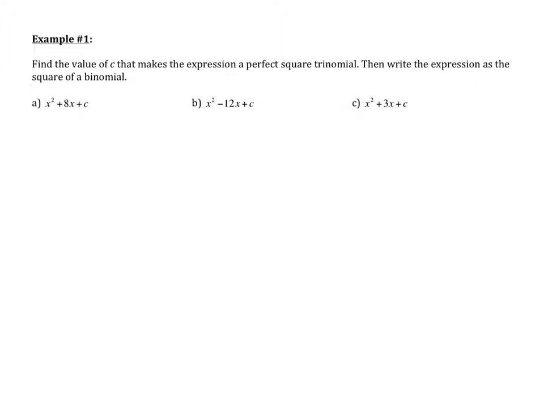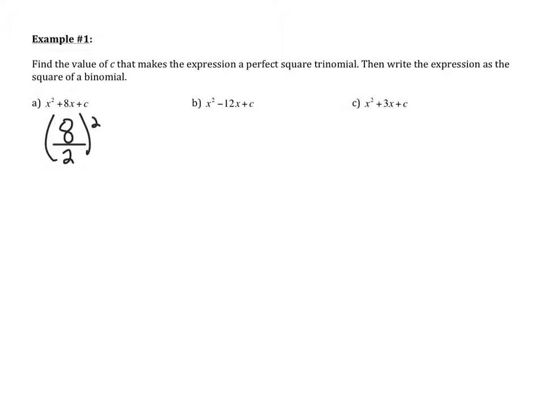So here's example number 1, our first formal example. Find the value of c that makes the expression a perfect square trinomial, then write the expression as the square of the binomial. So just like I did in the slide before. So here's part A, x squared plus 8x plus c. So we're trying to figure out what is the c value that would make that a perfect square trinomial. So what you do is you take your b value, which in this case is 8, divide it by 2, and then square it.